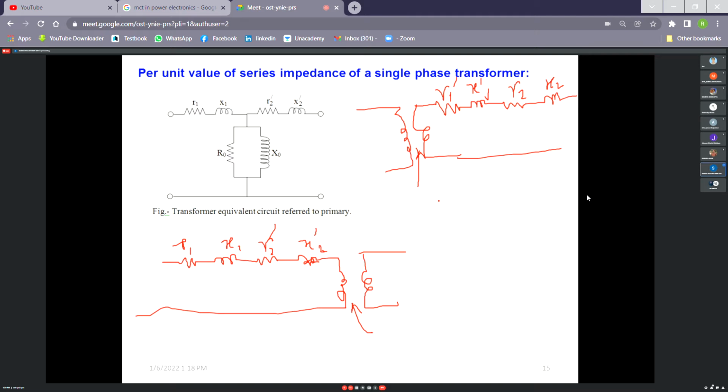So whenever we shift from the secondary side to primary or primary side to secondary, there will be a change in voltage and a change in current, based on MMF balance, I1 N1 equal to I2 N2, and based on voltage per turn being the same, V1 by N1 equal to V2 by N2. So that relationship should be maintained. So that is one difficulty.